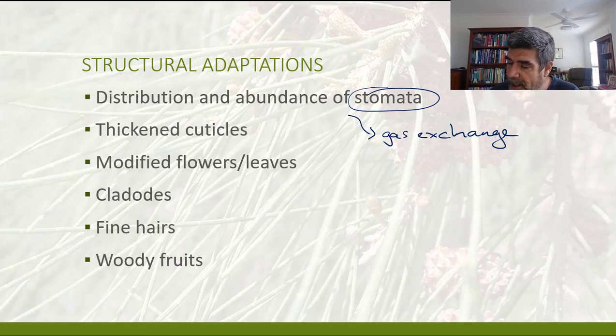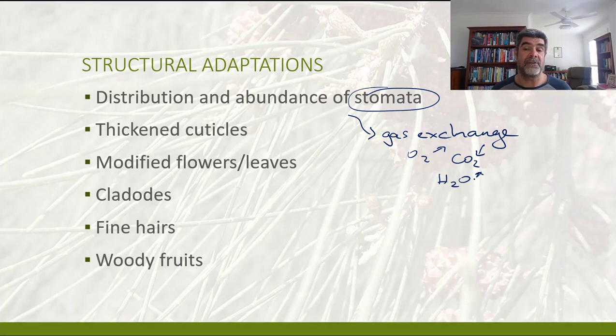So for example, gas exchange, release of carbon dioxide from the plant, intake of carbon dioxide from the atmosphere into the plant, and at the same time water is transpiring out through the stoma as well.